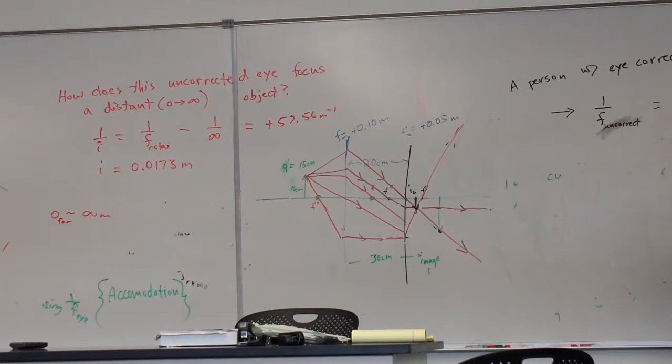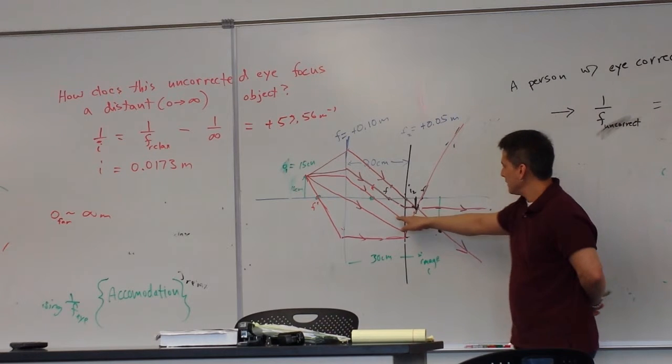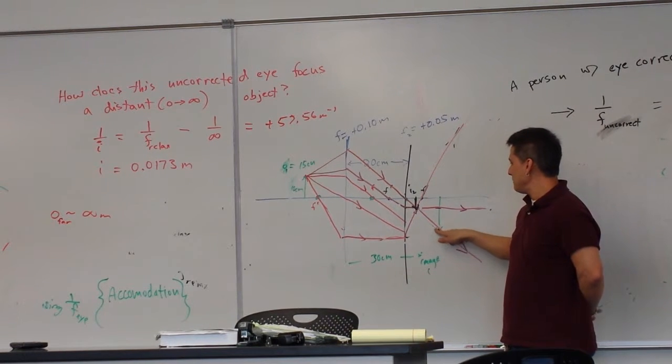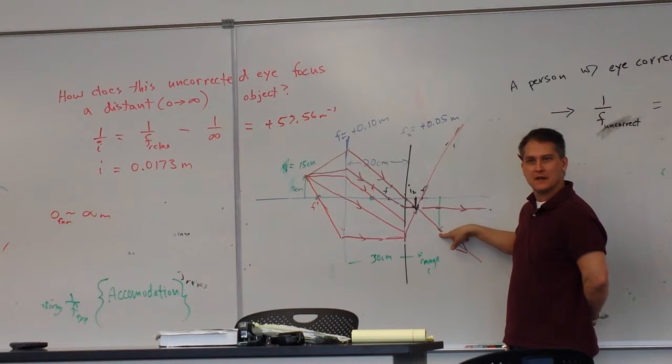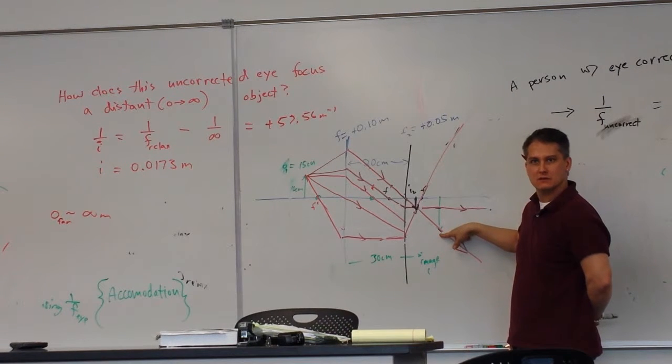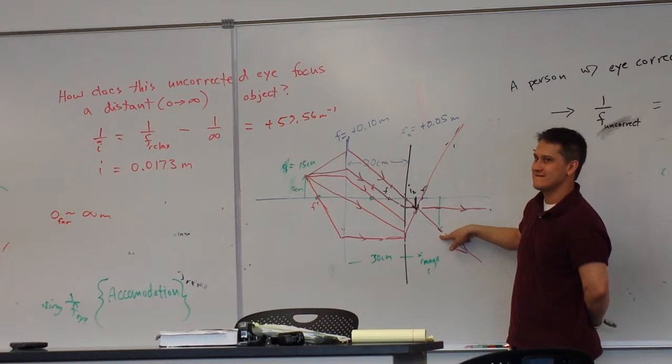So it ends up being a plus, which means you're going to have a positive image distance, which makes sense. But it also means that this second image here is a virtual image. Or is it a real image?